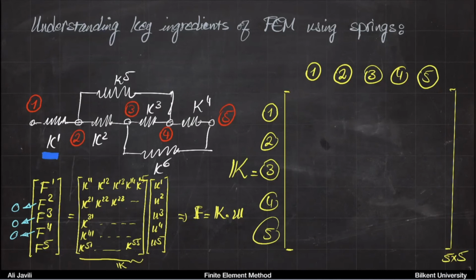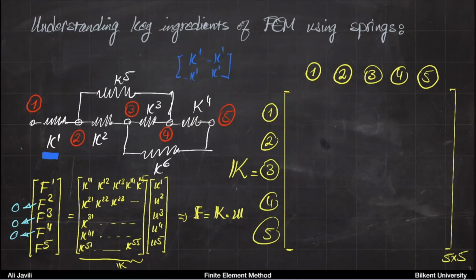So element 1 is between node 1 and 2, and its stiffness is going to be K. It's our usual stiffness, K1 minus K1 minus K1 and K1. Okay, so what you want to do is to bring that thing into the box of 1 and 2.